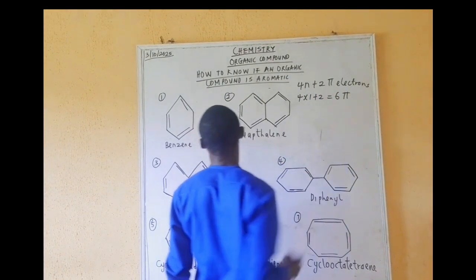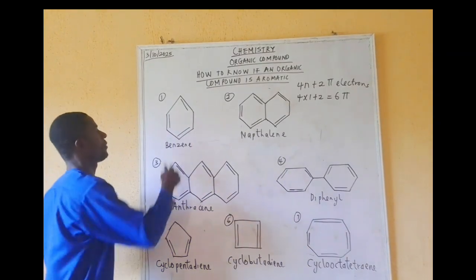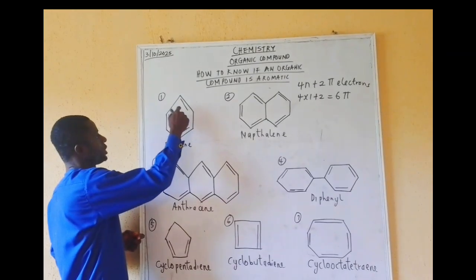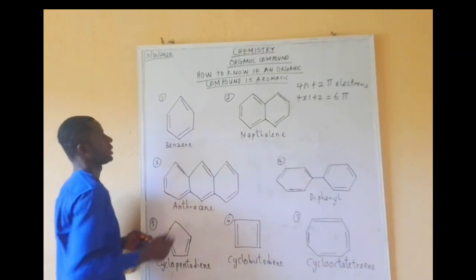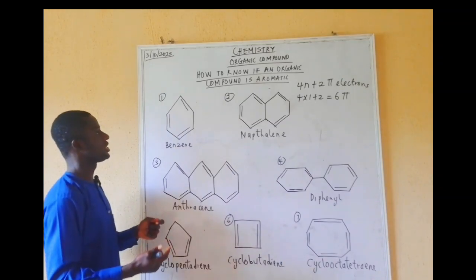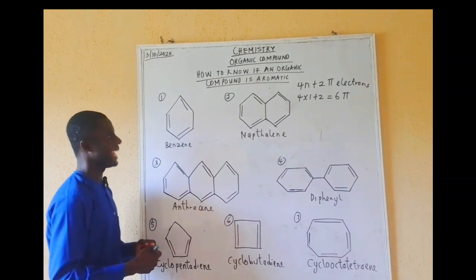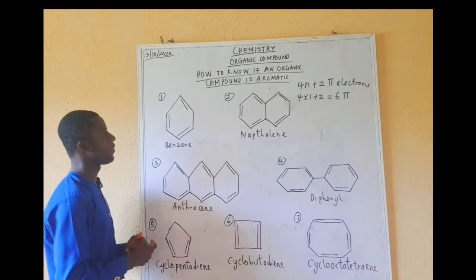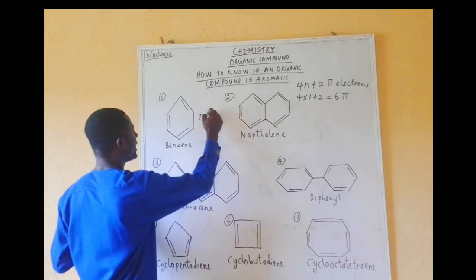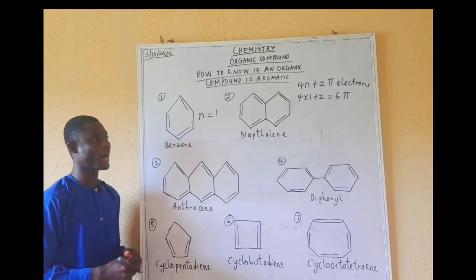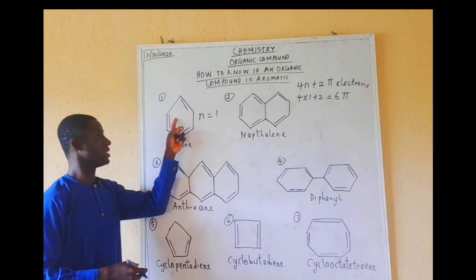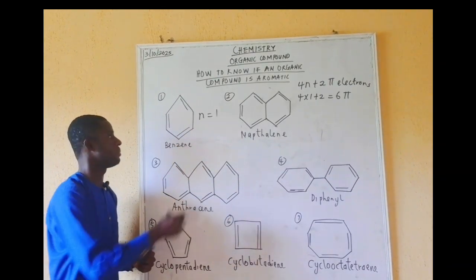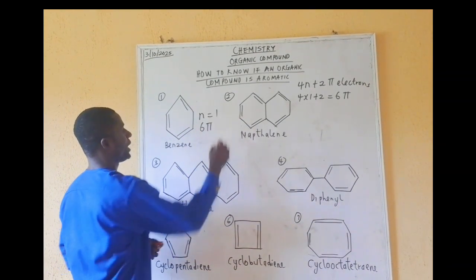And you know in this benzene we have 6 pi because this is 1, 2, 3, that is 3 times 2. That gives us 6. So we have 6 pi electrons in this ring of benzene. Do you understand? That means our n here is 1. So we have 6 pi electrons in benzene.